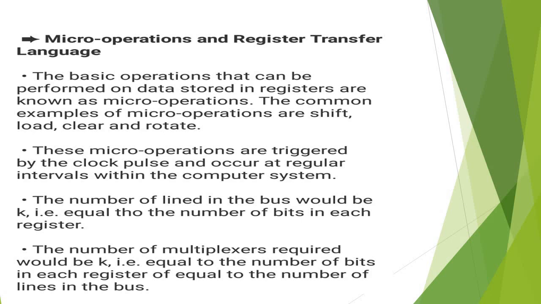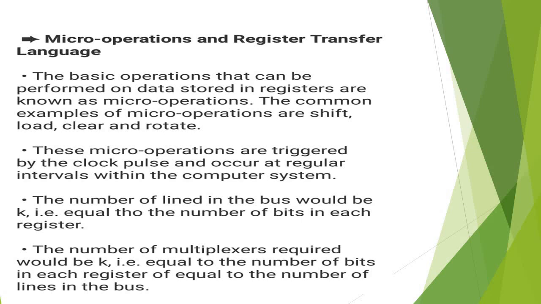The number of lines in the bus would be k, equal to the number of bits in each register. The number of multiplexers required would be k, equal to the number of bits in each register, which is equal to the number of lines in the bus.